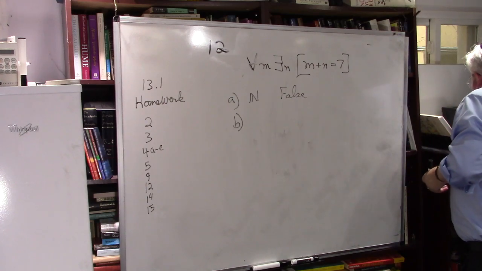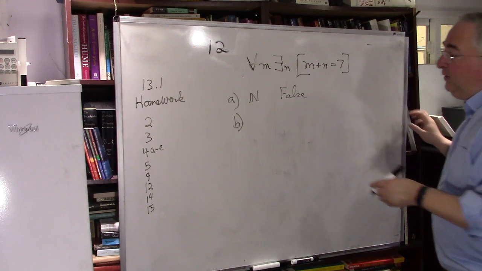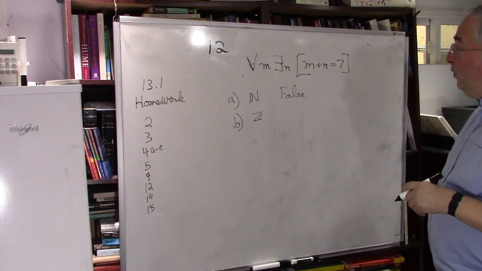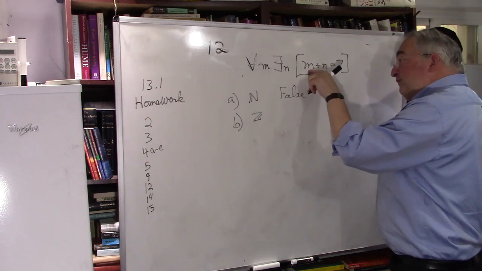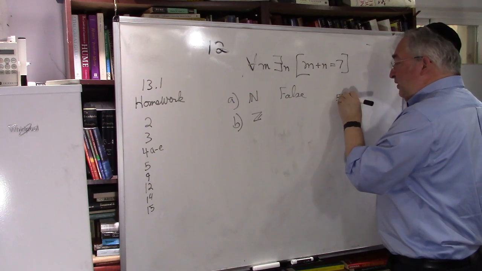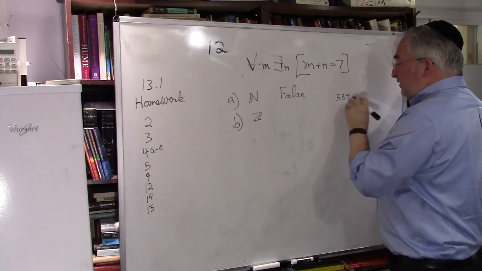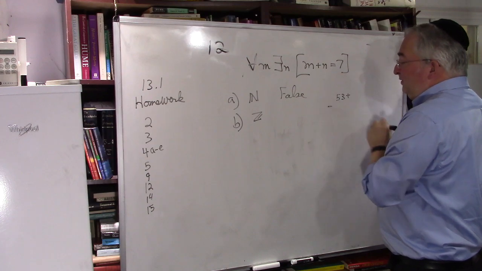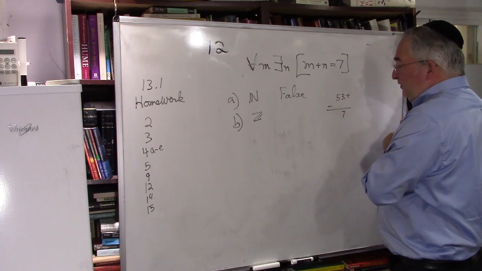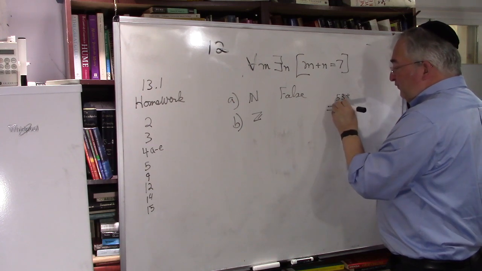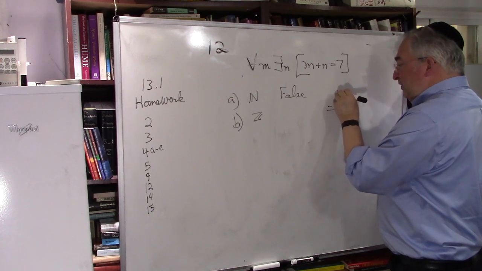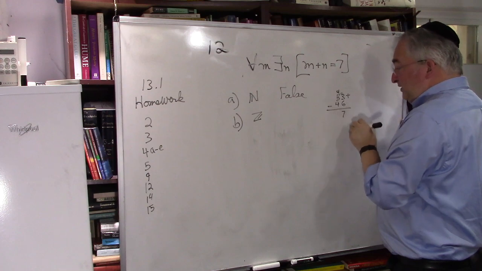Is the proposition true for the universe of Z? How about Z? Take 53. Well, 53 plus negative something is going to equal 7. So 53 minus 46: 13 minus 6 is 7.